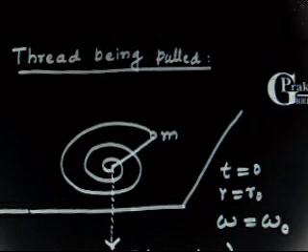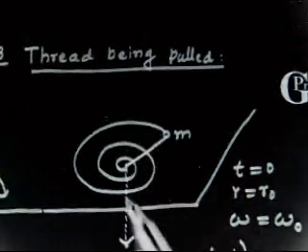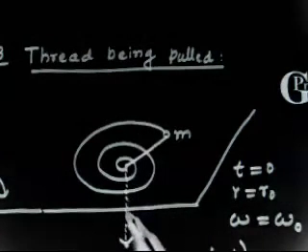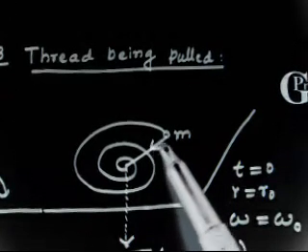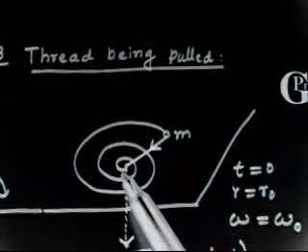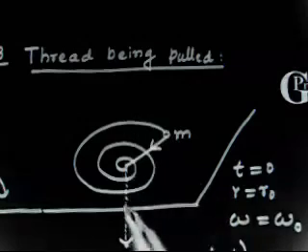So what is the thing that is conserved in this case? Yes, in this case angular momentum is conserved. About this axis, the tension acting in this thread passes through this point, so the force also passes through this point.